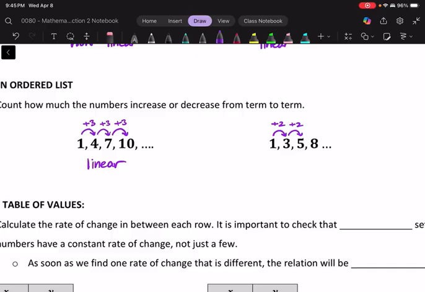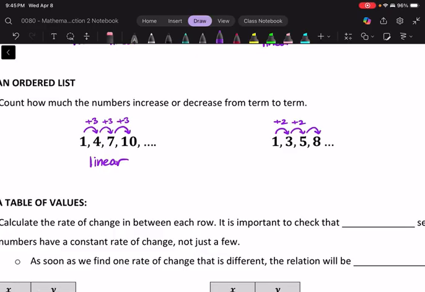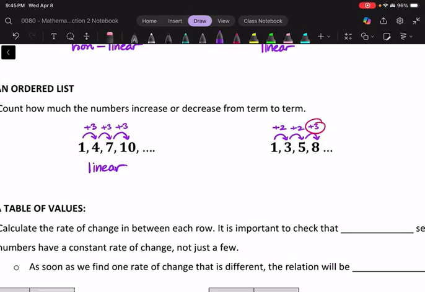What a great conclusion to draw. Just kidding. Don't forget to check the last term as well. And to get from 5 to 8, we're not adding 2. We're adding 3. And because that's different, this thing is non-linear.